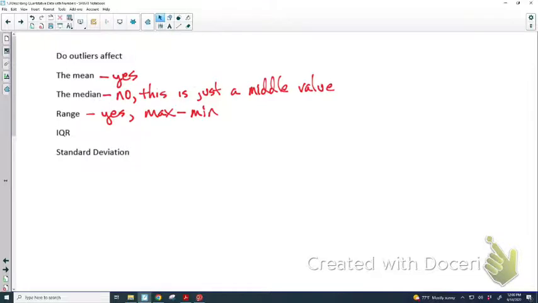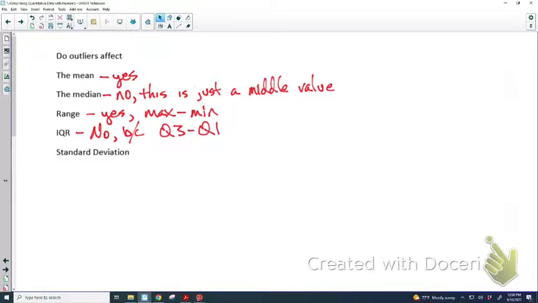We're going to say no for IQR, because that is just Q3 minus Q1. We're not talking about the extremes. We're talking about the third quartile minus the first quartile.